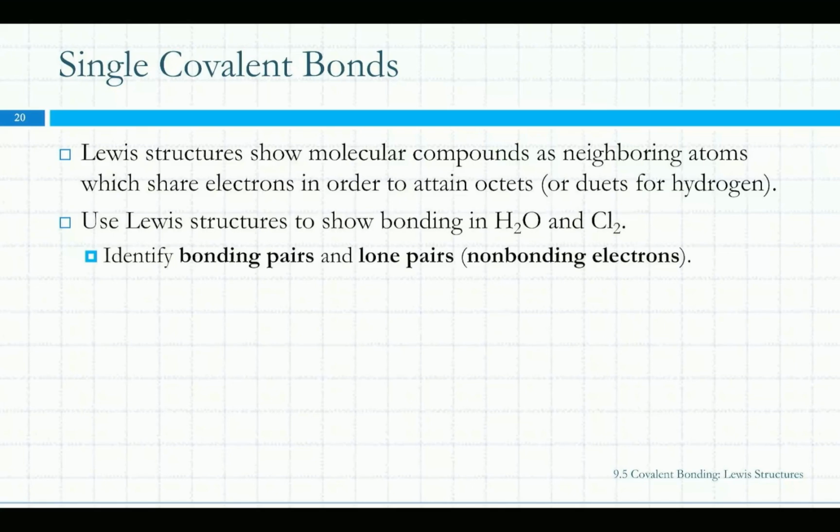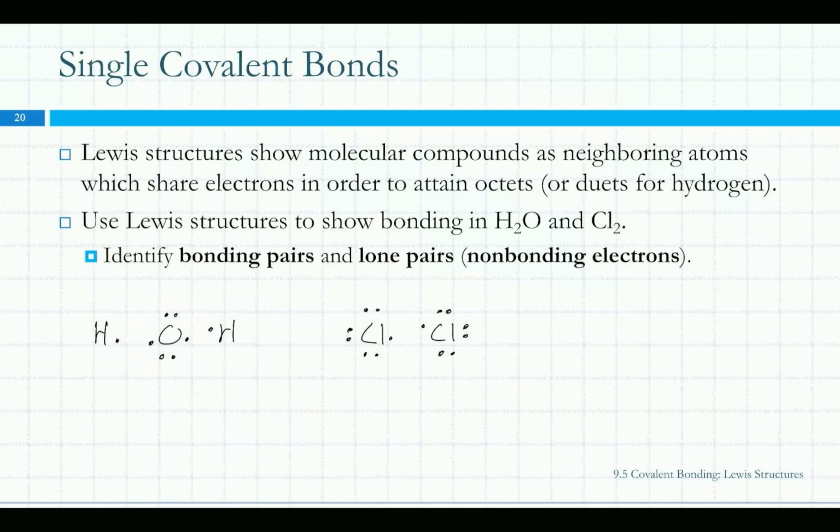So if we do Lewis structures for water, actually we'll go over more formal rules later. Actually, I should do this first. For the simplest Lewis structures, you can almost just at a glance see where the electrons need to be shared. So for water, oxygen has 6 valence electrons.